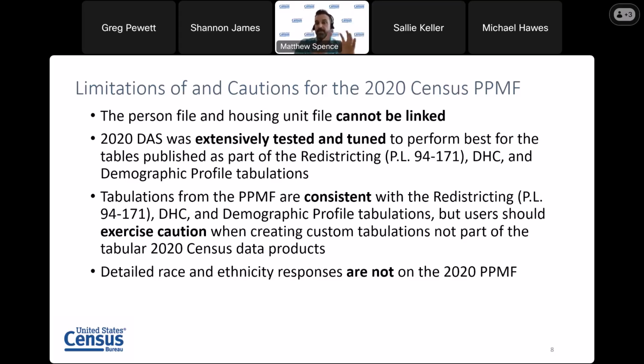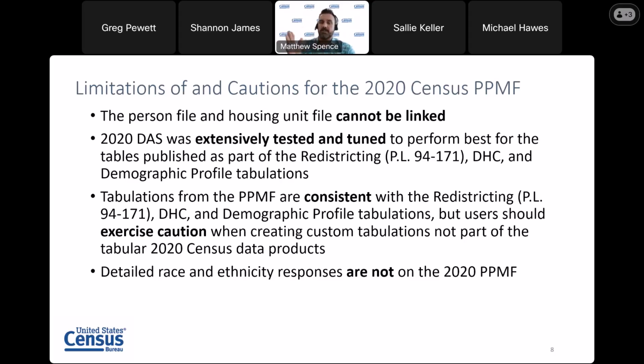We tried infusing noise in different ways with different distributions. And what we ended up with for the production 2020 census disclosure avoidance system was tuned and tested and optimized to perform best for the officially published redistricting, DHC, and demographic tabulations.